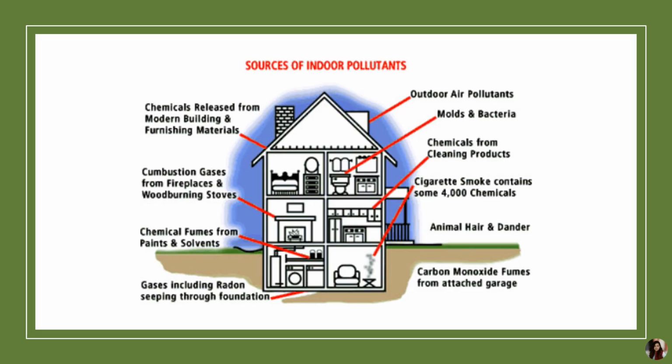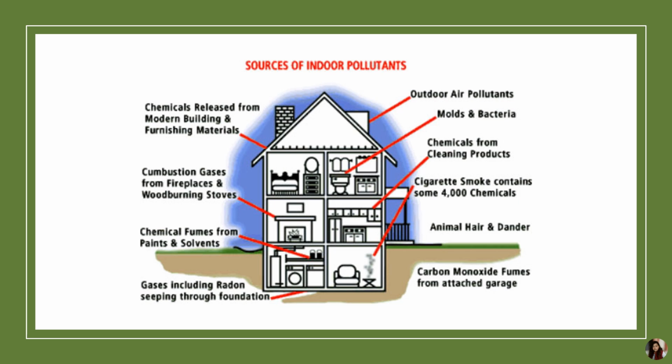Now the sources. This image is from the internet, and I like it because it has a lot of information on the sources of indoor pollutants. Why am I talking about indoor pollutants? Because these are one of the primary reasons that affect a human being living in the home.